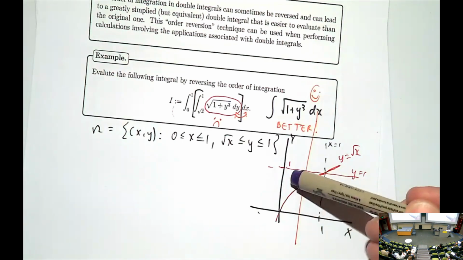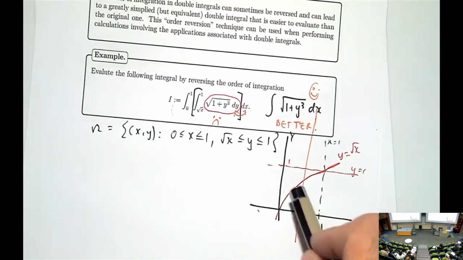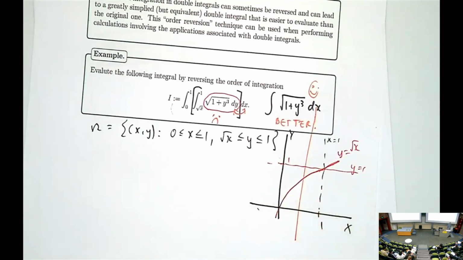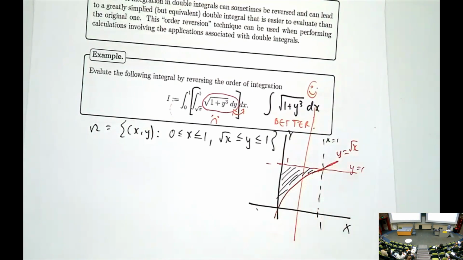So is it the top or the bottom part, which is our region of integration? The top, exactly, right? That doesn't change. That's our region of integration, okay? We spend time on this because we're going to have to describe it using y between two horizontal lines and x between two other curves.